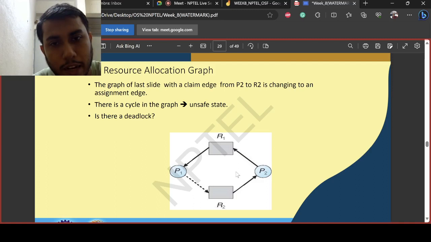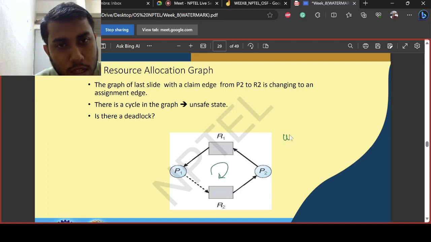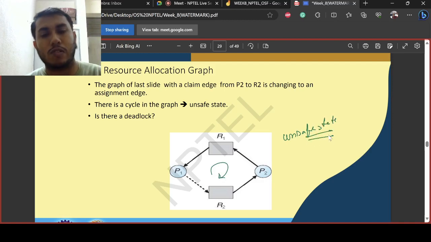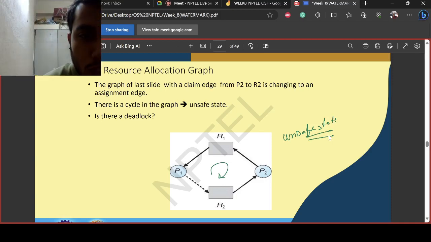Now, if you look at this graph, there is a cycle. So it is in an unsafe state. Is there a deadlock here?